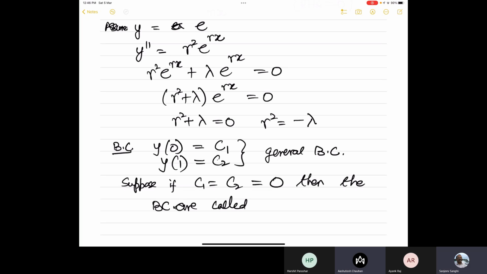What will the boundary conditions be called? They are called, once again, homogeneous boundary conditions.